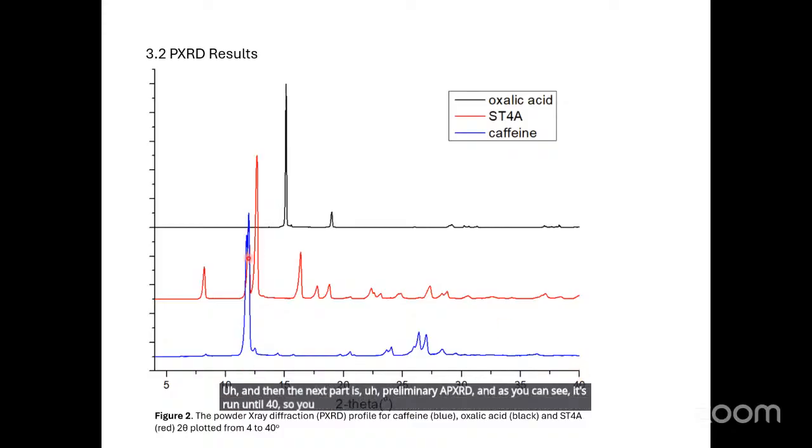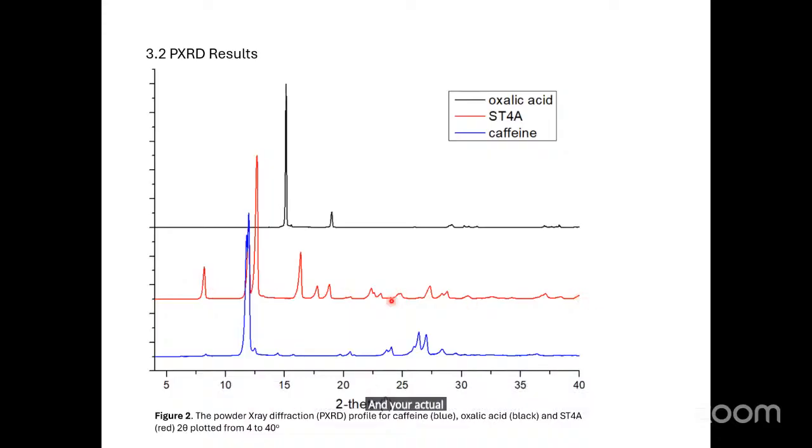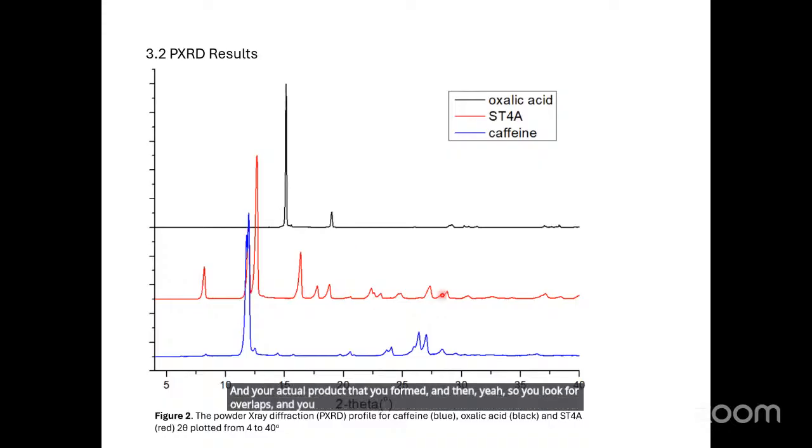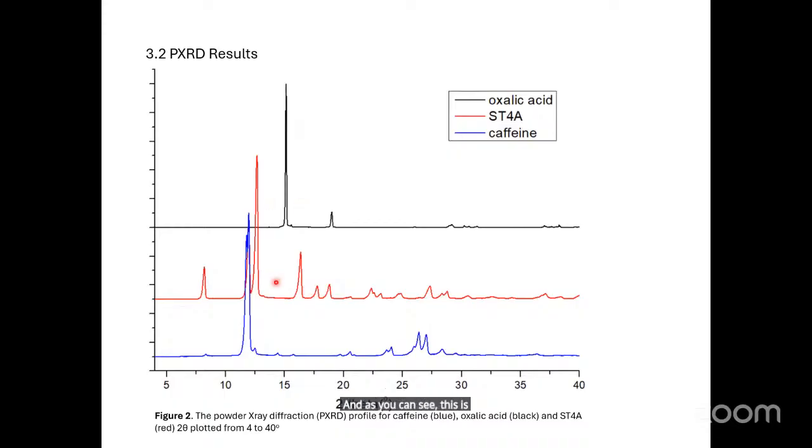You match the three patterns, your starting materials and your actual product, and you look for overlaps and try to justify them if there are any. As you can see, this is clearly not the same as any of the starting materials. This gives you confidence to then run maybe a VCT scan to probably 70 degrees or so.